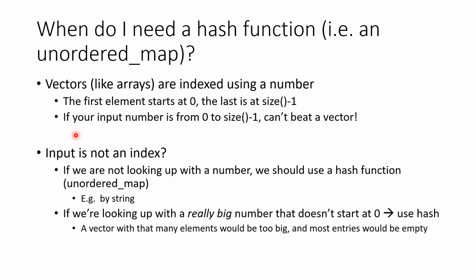We are only using a really small portion of that. Then we will be using a hash function. And if we are indexing using, say, a string, or just something that's not an integer. Does that make sense? Which means that in this case, we will be using vectors.